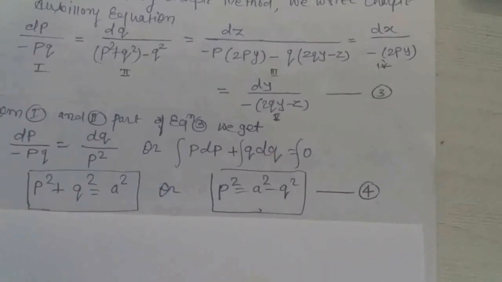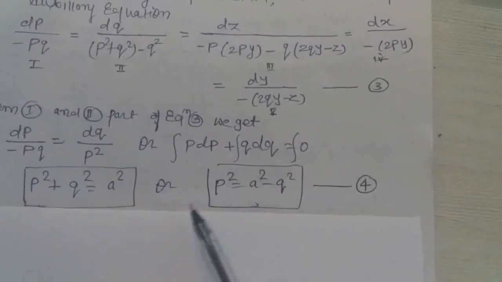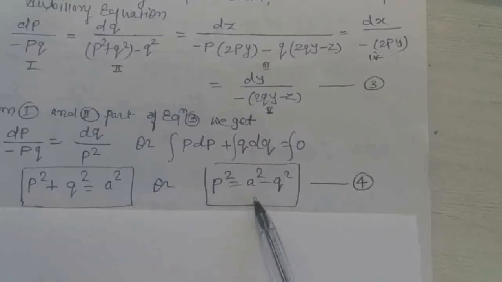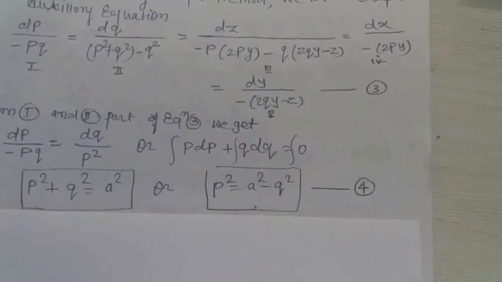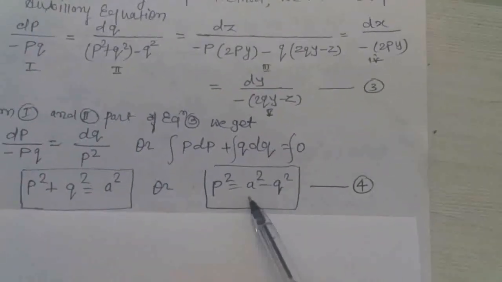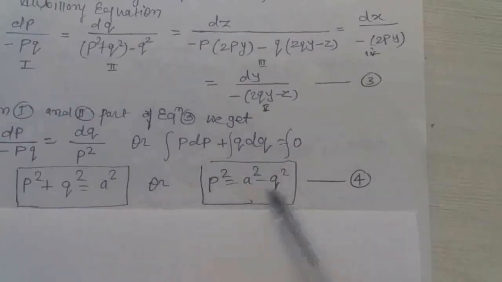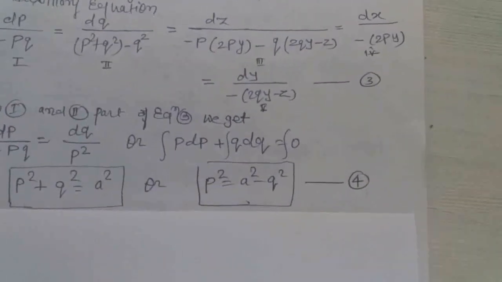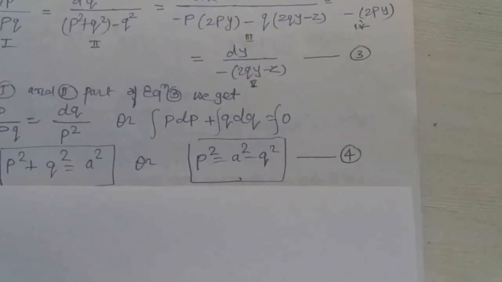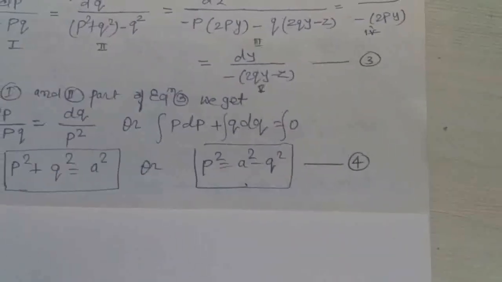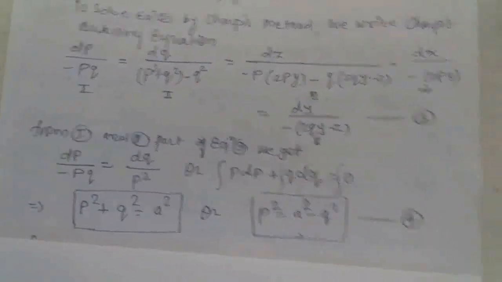So from here we get the value of p square equal to a square minus q square. This is the value of p, but this is a function of q. So we want to find the values of p and q in terms of x, y and z.